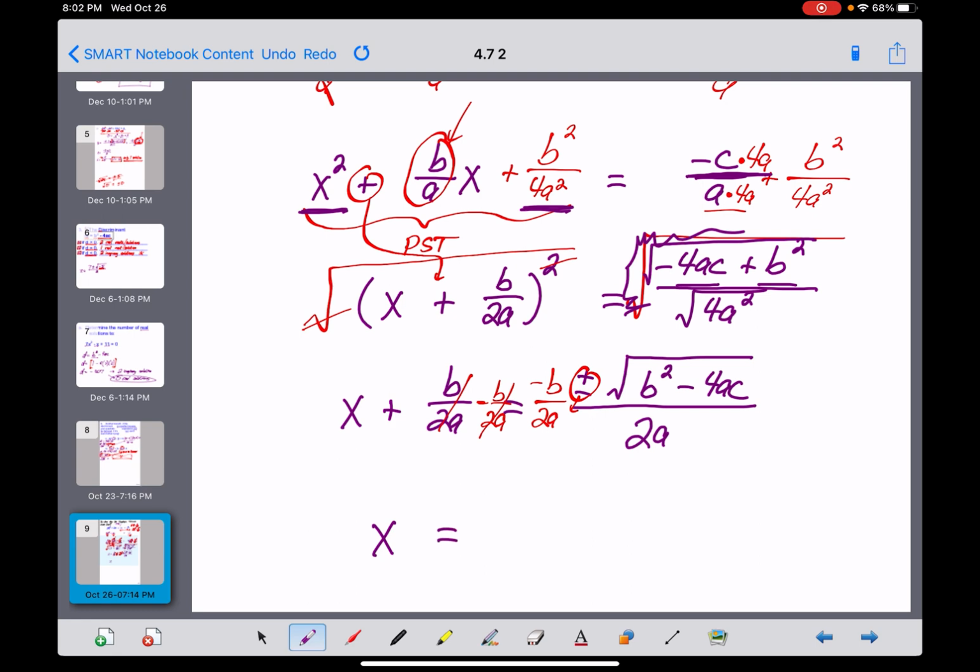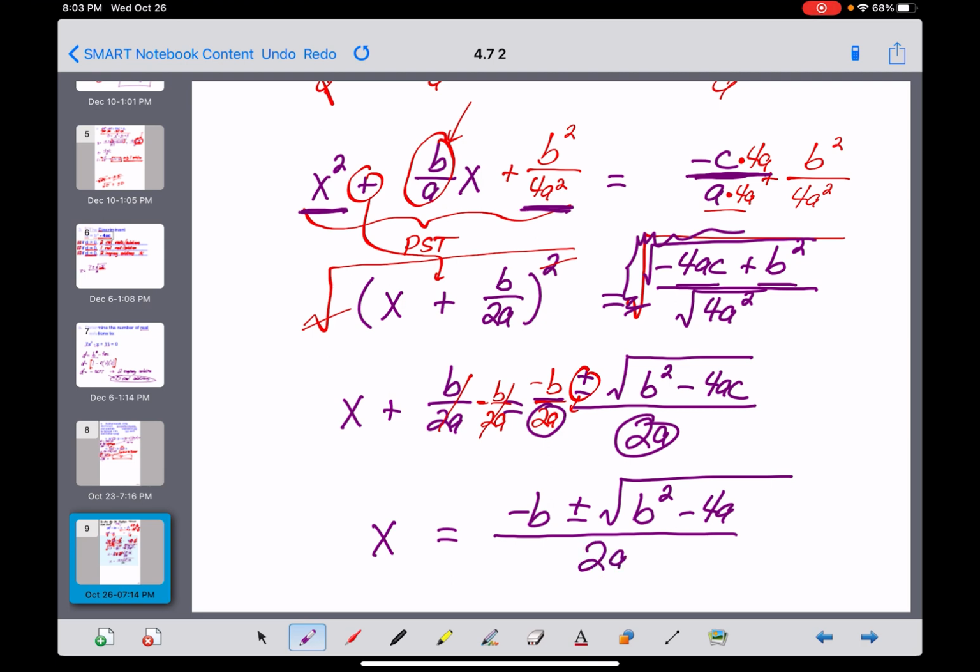X is equal to, and if you notice, guys, these two fractions now on the right already have a common denominator of 2a. So let's put them together. My numerator starts with this term, the opposite of b, and then plus or minus the square root of b squared minus 4ac, all over that common denominator of 2a.